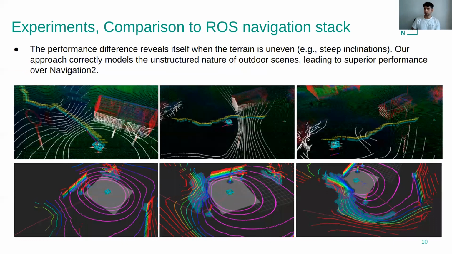So in the experiment results, we have a scenario where our method successfully navigates an uneven terrain here, as shown in the sequences. The robot starts here, progresses here, and finally gets close to the goal. Whereas in classical ROS navigation, the robot creates a plan such as here.